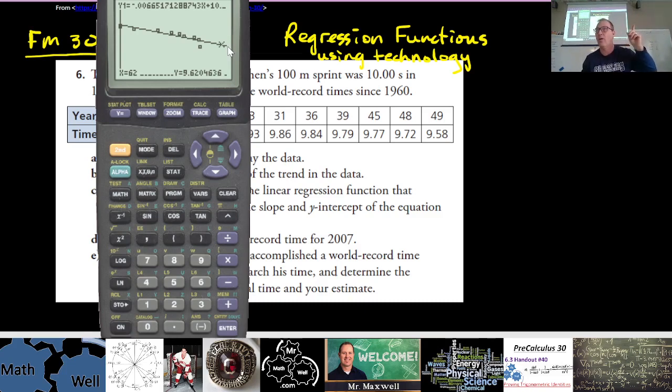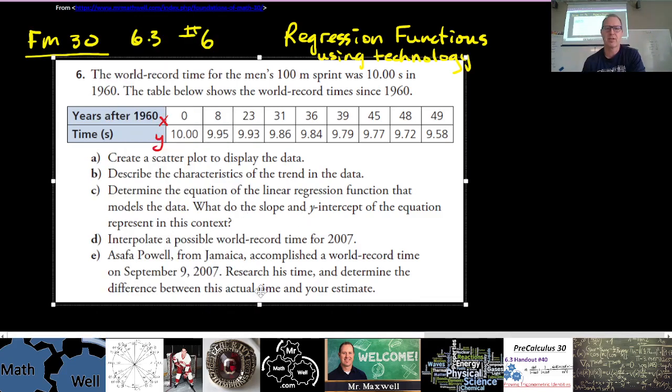No, I think your watch is broken if you got 0 seconds. It's never going to go to 0, so there are limits to this kind of study. All right, any other questions about number 6?